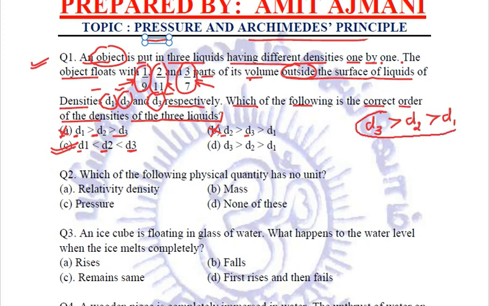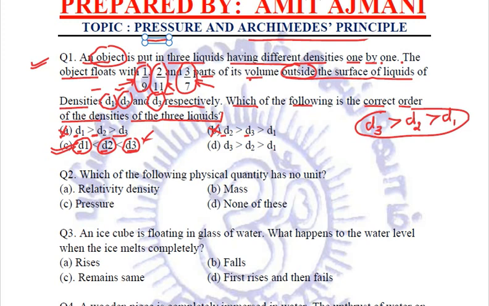So this has been written in this particular way, that D3 has the maximum density, then D2, and then the first liquid having density D1, right? So this will be our correct option. Got it? This is our right answer.